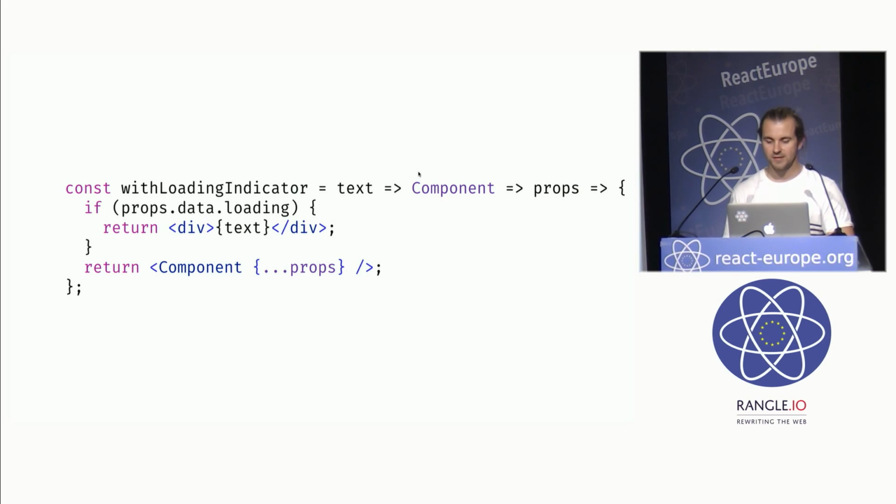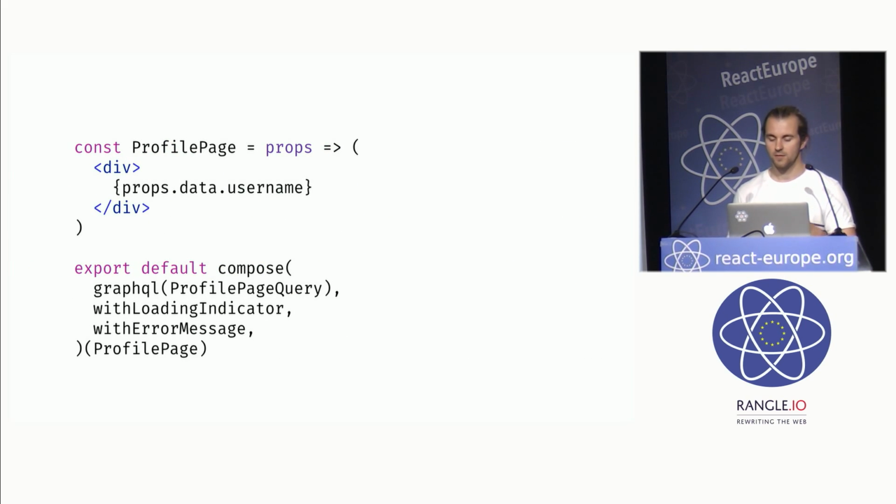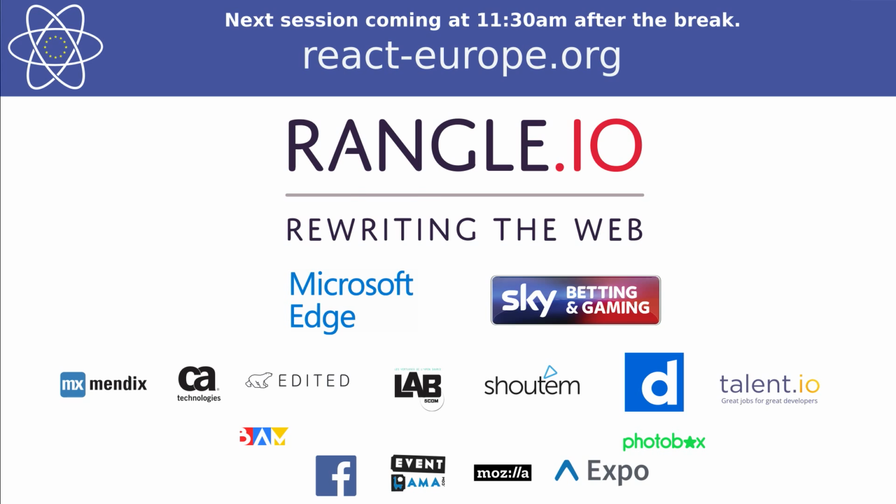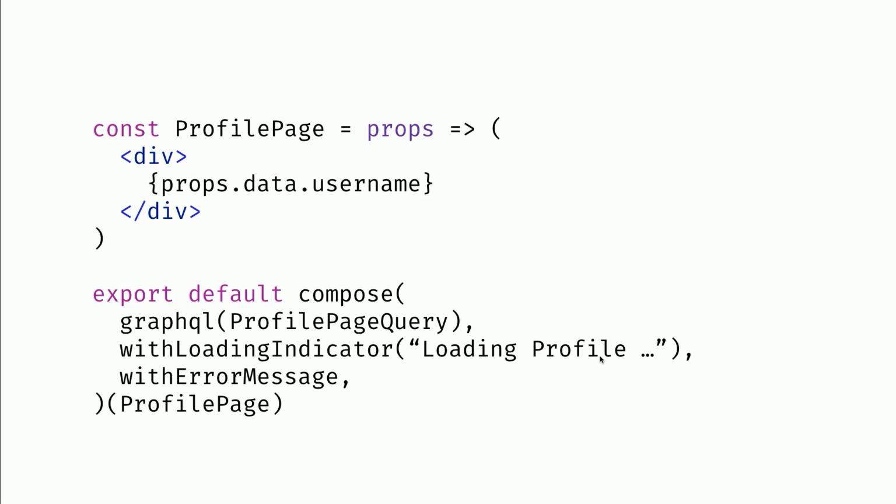So what we can do is inject this function here, and this is where it gets really weird, error, error, error. But still, once you comprehend that once, it's actually a really powerful tool. So we just inject the text here. And the usage then changes to withLoadingIndicator, to show loading profile and actually pass in the text. And that's a cool, powerful concept.